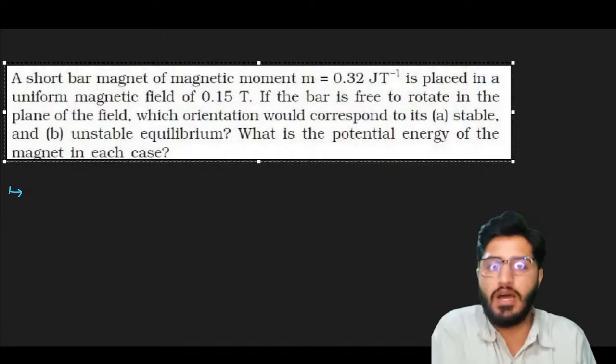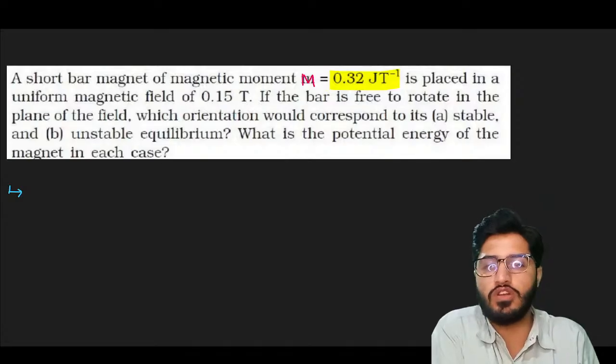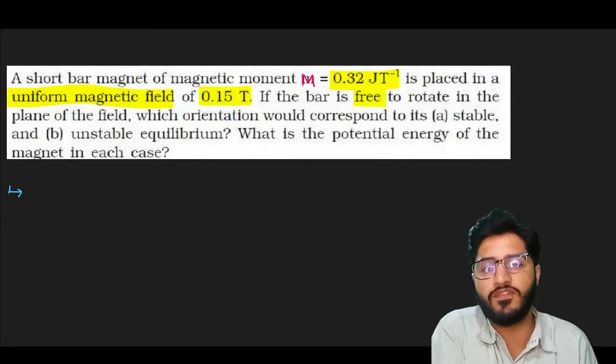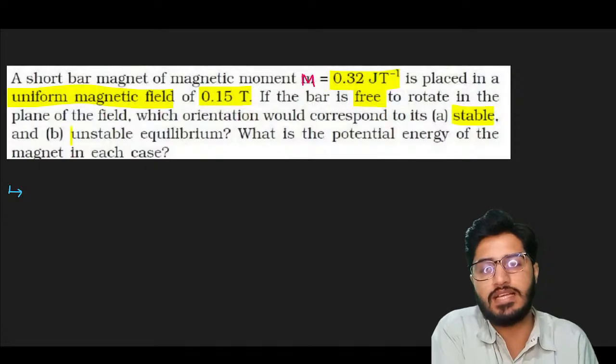A short bar magnet whose magnetic moment is capital M, given as 0.32 joule per Tesla, is placed in a uniform magnetic field of 0.15 Tesla. If the bar magnet is free to rotate in a plane of the field, which orientation would correspond to its stable and second, unstable equilibrium? What is the potential energy of the magnet in each case?